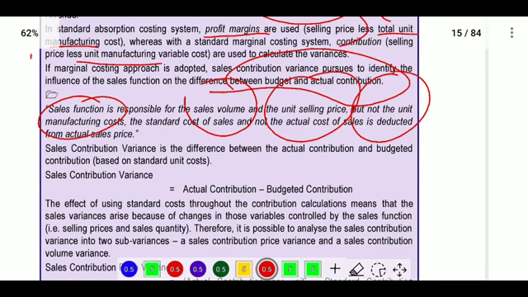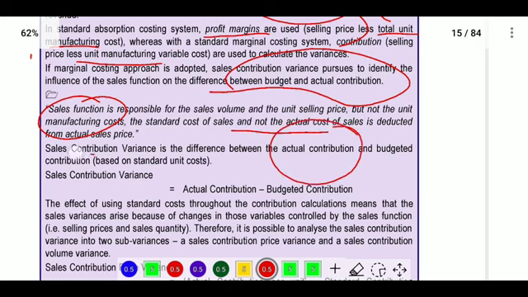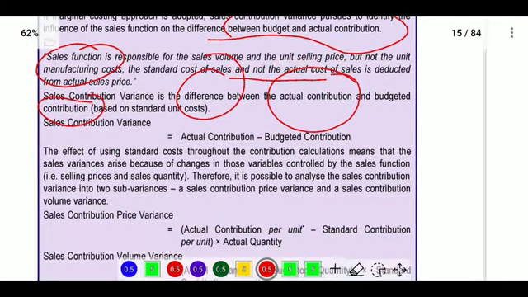The standard cost, and not the actual cost of sales, is deducted from the actual sale price. Next, sales contribution variance. It is the difference between actual contribution and budgeted contribution. So the sales contribution variance will be actual contribution minus budgeted contribution.